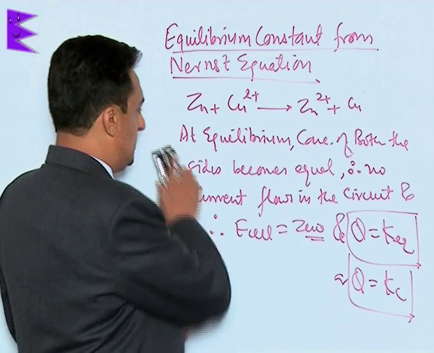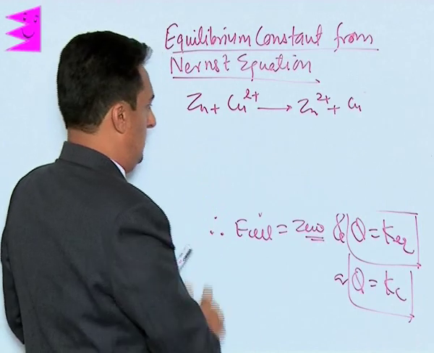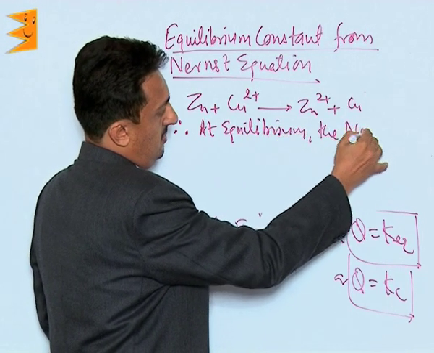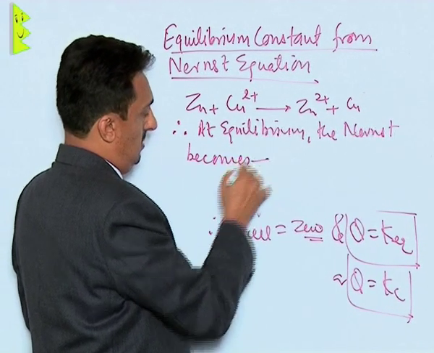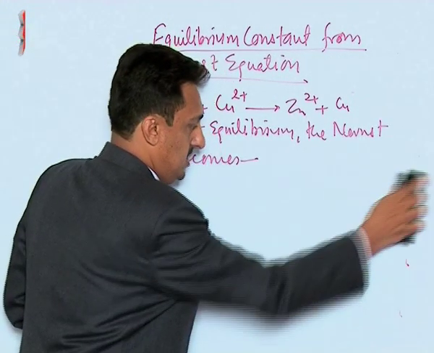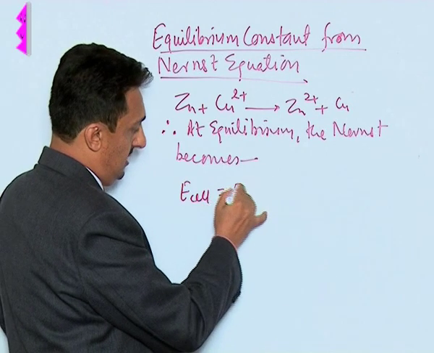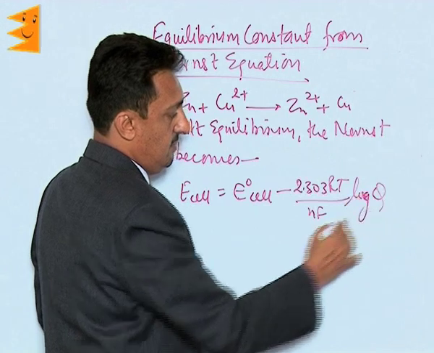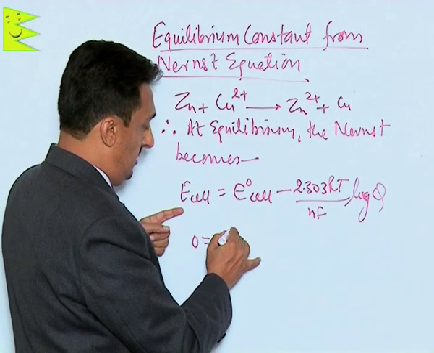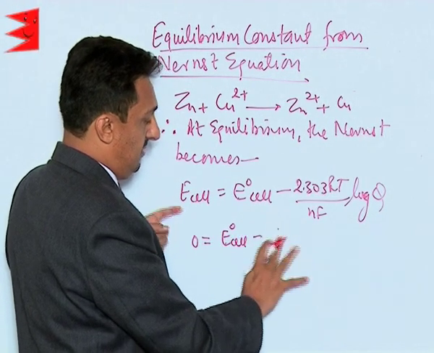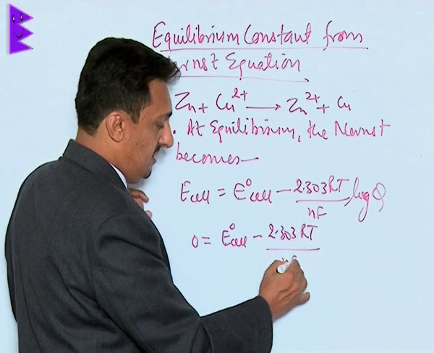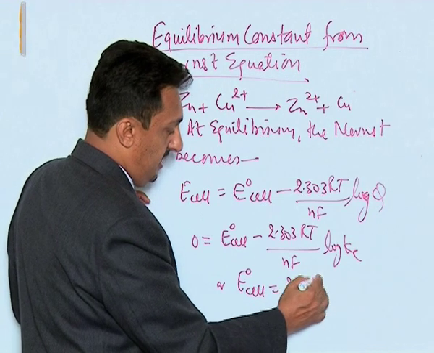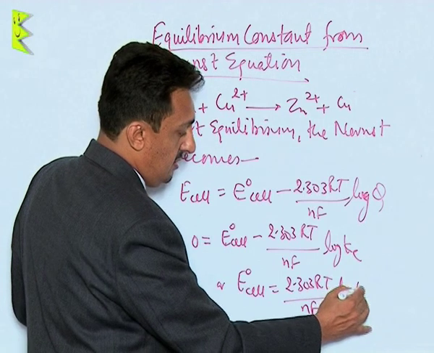So therefore the Nernst equation at equilibrium becomes, the Nernst equation we already know, E cell equals E naught cell minus 2.303 RT/nF log Q. Now since E cell becomes 0, your E naught cell will be 2.303 RT/nF log Kc.